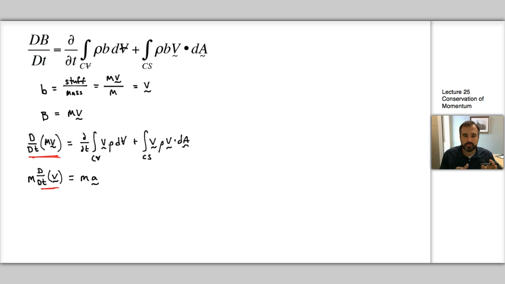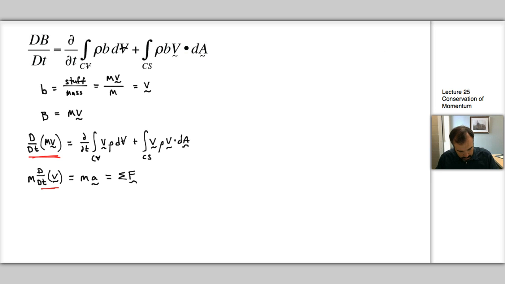If you recall from Newton's second law, the sum of the forces is equal to the mass times the acceleration vector, so we can say that this is equal to the sum of the force vector. Now we've taken this term and made it a sum of forces.